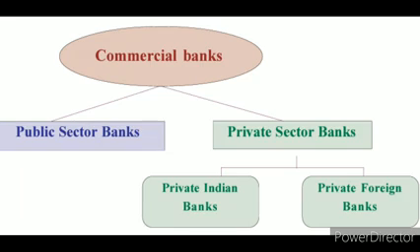These banks, which play a major role in country's financial activities, accept deposits from the public and grant loans to trade, industry, agriculture, etc. These commercial banks can also be divided into two. Watch the screen. One, public sector banks, and second is private sector banks. These private sector banks can also be divided into two: private Indian banks and private foreign banks.